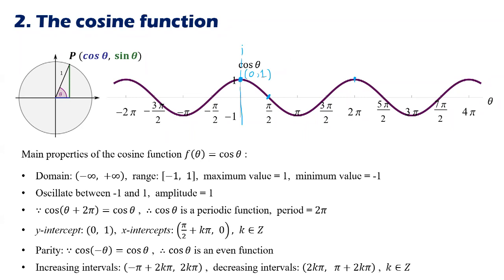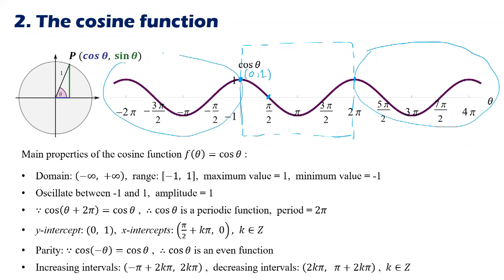Again, this is also a periodic function. For example, it just repeats itself over and over again. This is one of the cycles, right? And you can see that there is another cycle here, and another cycle here. It just repeats itself cycle by cycle, right?